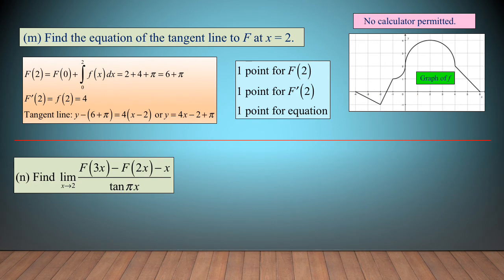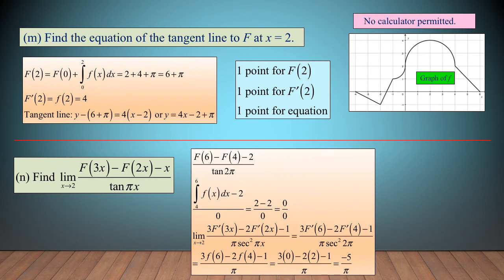In N, we want the limit as x approaches 2 of capital F of 3x minus capital F of 2x minus x over tangent pi x. First step in a limit problem is to plug in, and we get capital F of 6 minus capital F of 4 minus 2 over tangent of 2 pi.